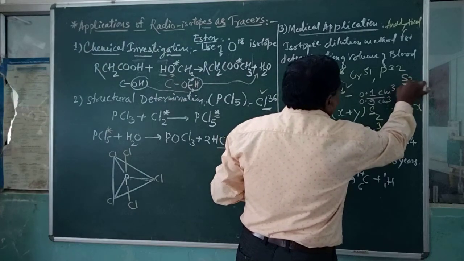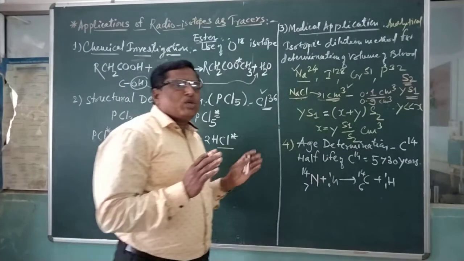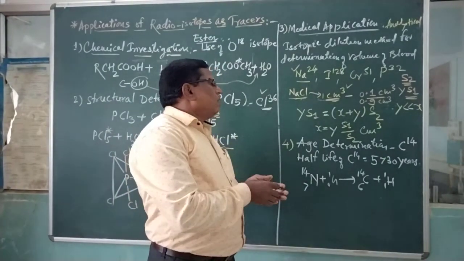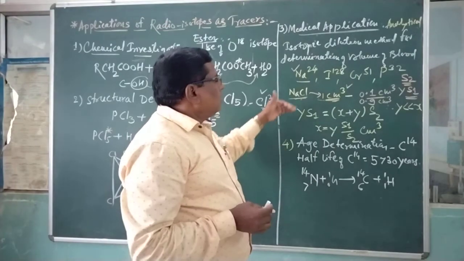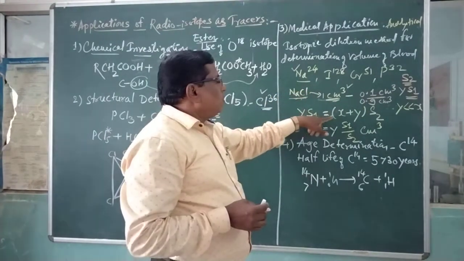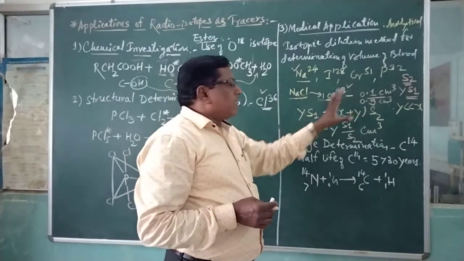Here S2 is the specific activity after dilution. Suppose that in the patient's body we take this equation: y S1 equal to x plus y into S2. This idea can be taken.